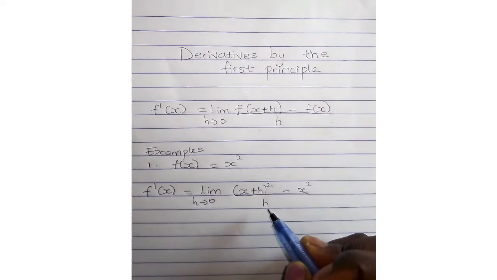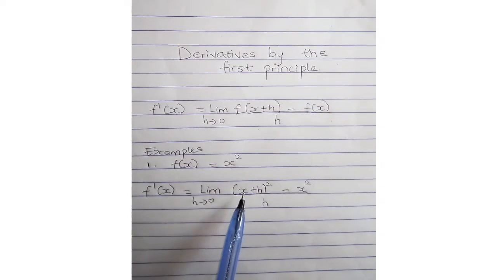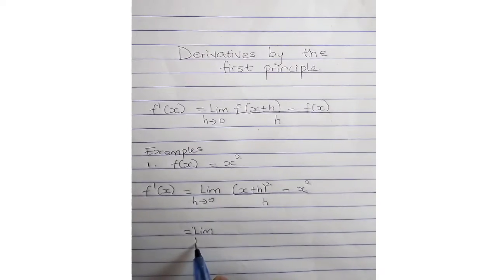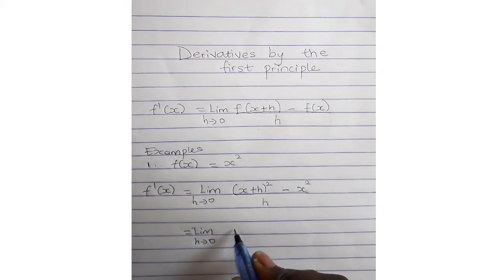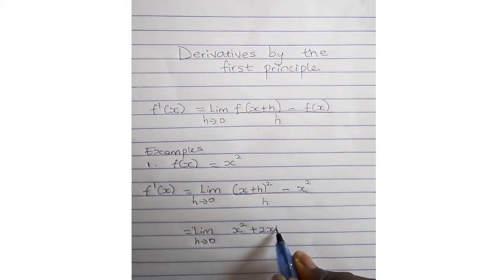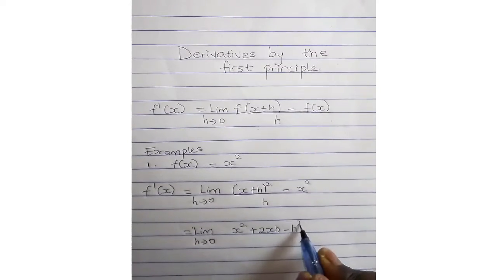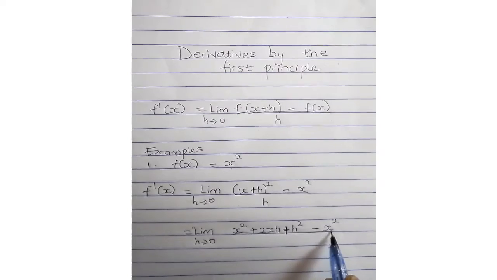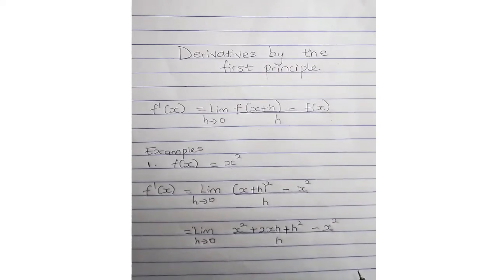So right now we're going to expand this, and when we expand this, we're going to have the limit as h approaches 0 of x squared plus 2xh plus h squared minus x squared, all over h.